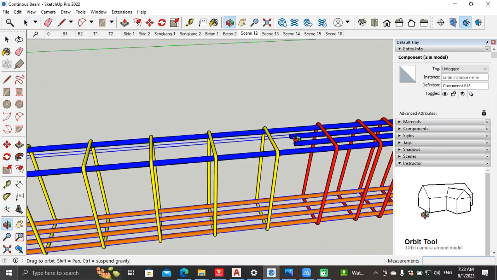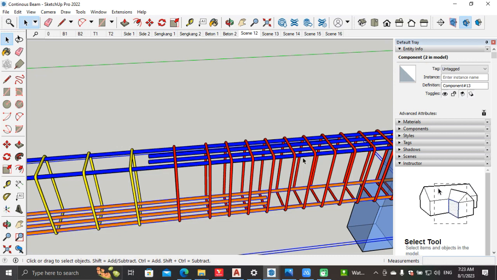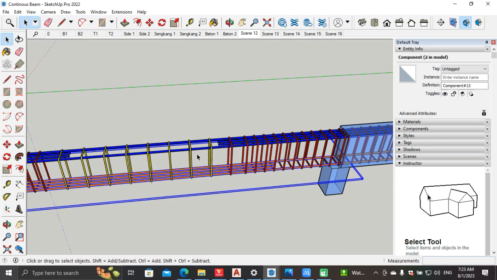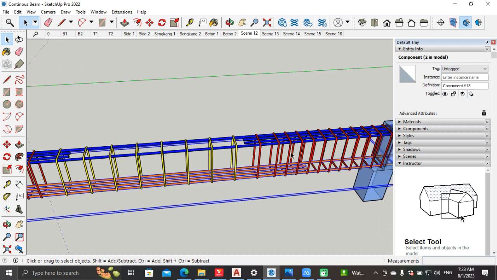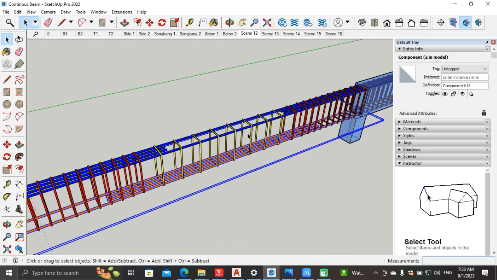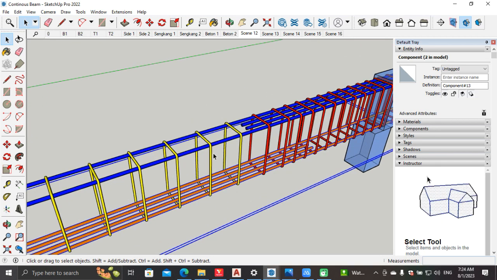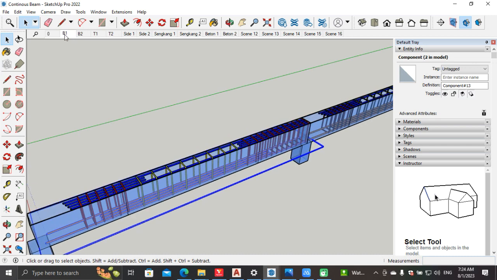And here also, at the supports we need the 4 number bars, and the remaining structure we only need for the cage structure, that is to continue the stirrups. And the stirrup is arranged in such a way that at midspan the distance is 150 center to center, and towards the support the distance is 100 center to center.